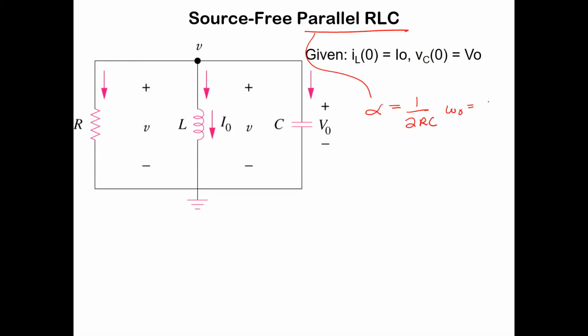Omega 0 is still 1 over the square root, or omega 0 squared is still 1 over LC. So this is different from series. Okay, that's important.